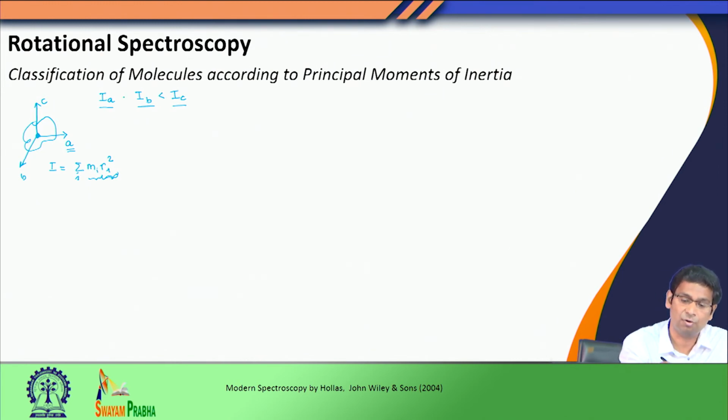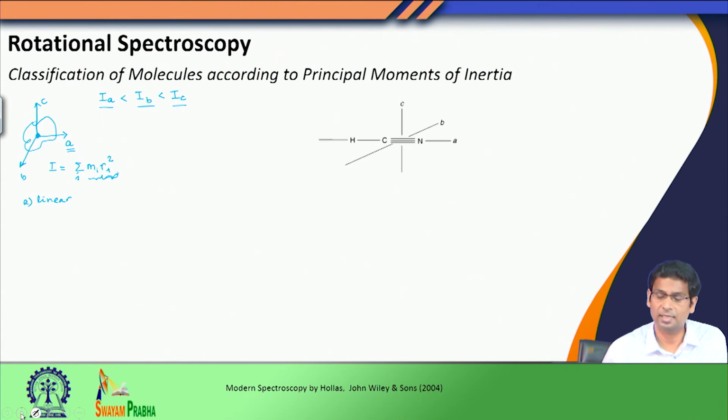We follow this convention that I_C is that principal axis around which the moment of inertia is the maximum, I_B is the second maximum, and I_A is that axis around which the moment of inertia is the minimum of the 3. Okay. So, keeping this in mind, we will now try to classify different molecules. First example that we would take is a linear molecule.